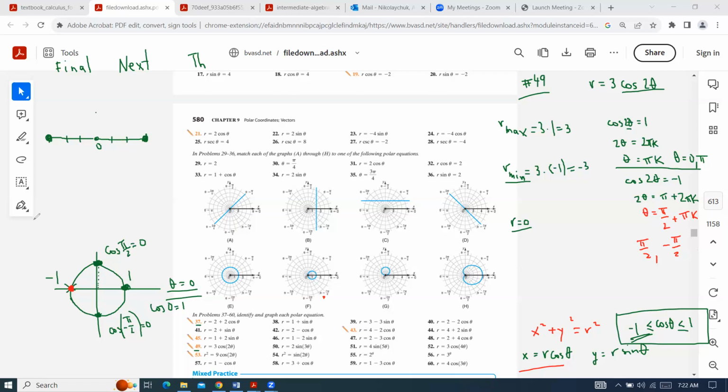So again, now we're talking about these other 2 points on the unit circle that happen when angles are here. And cosine of those points is -1, so we get radius -3. So how can I graph them? Well, notice that at pi over 2, the angle goes here, but the r is negative. So we go the other way.